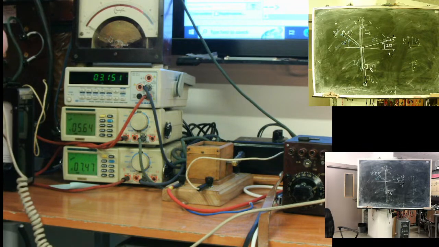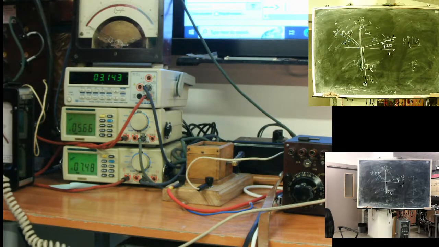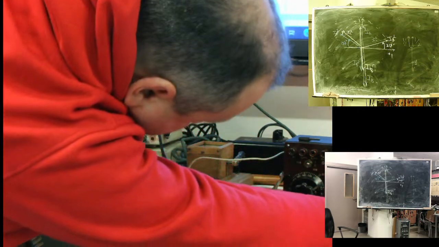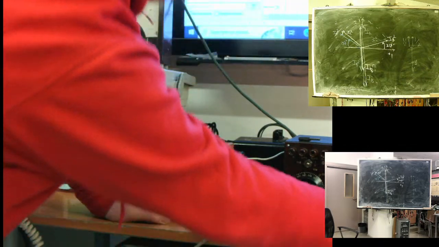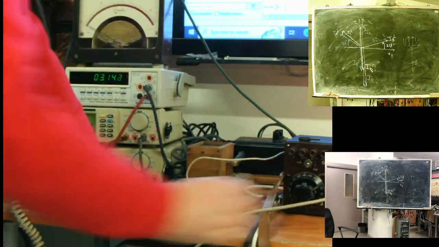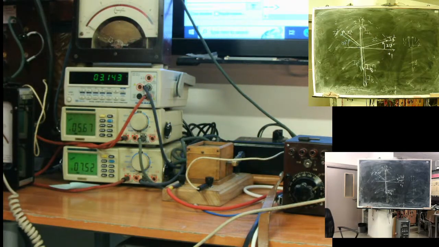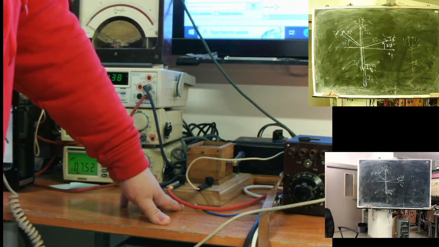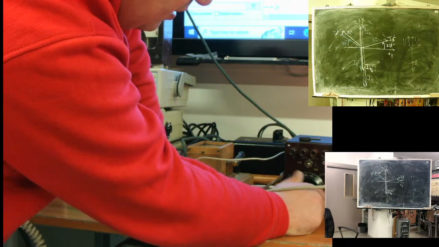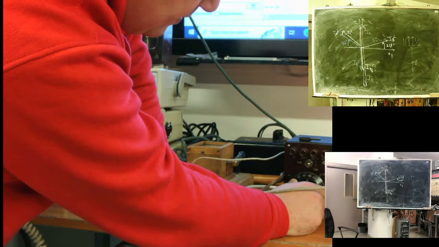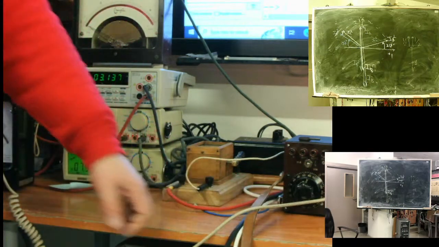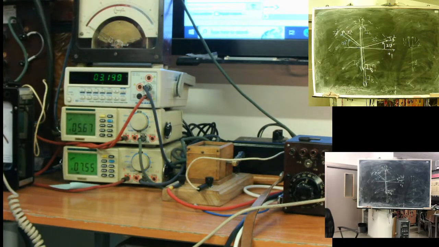And for C phase, its amplitude is 6 amps. Here I have 6 amps, a bit bigger, and here something like 105 leading. 105 leading.